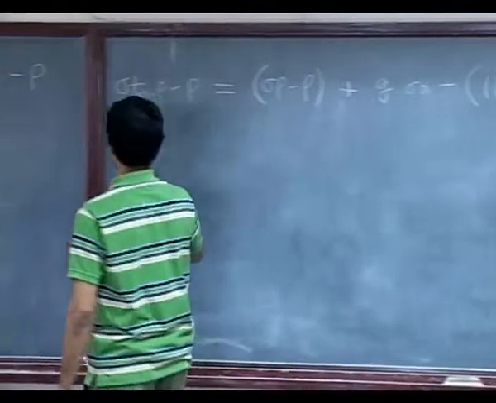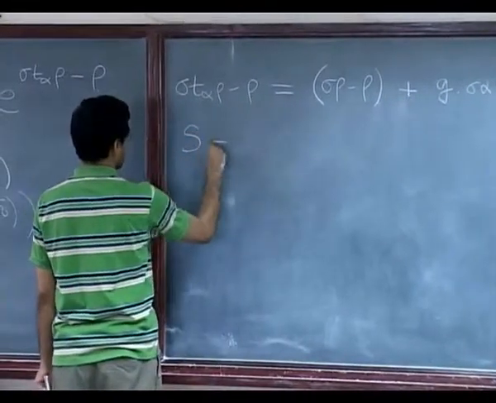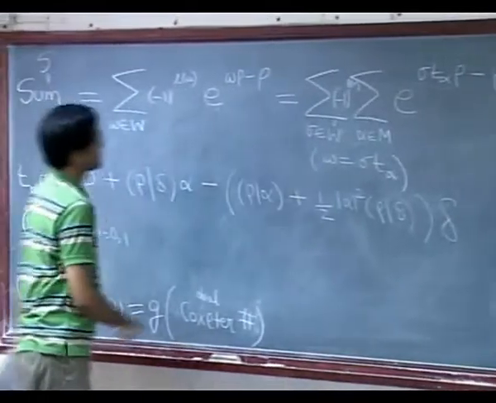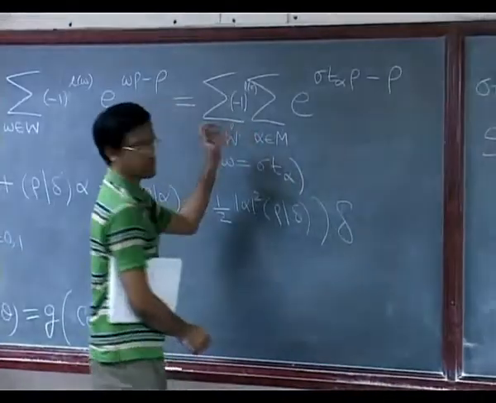Okay. So this is basically what we now have to do, perform that alternating sum, which is S. Now I'll swap the order of summation.